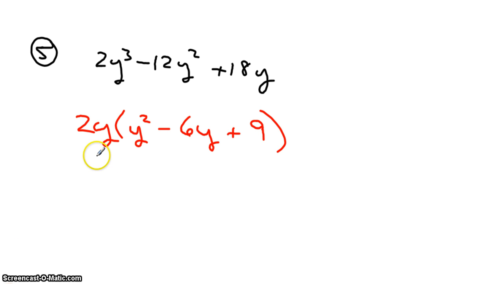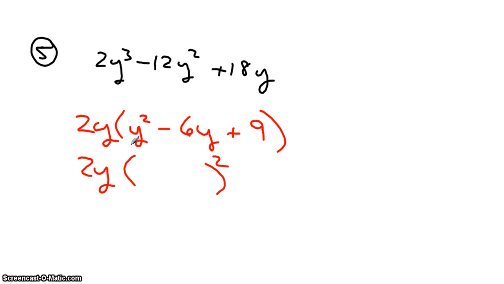And what kind of a trinomial actually do we have? Look at the first and last. Perfect square trinomial. Right. So when you have a perfect square trinomial, you're going from the 3-term expression down to a 2-term, right? So we're going to have the square of a binomial, we hope, if the outside inside is negative 6y, right?